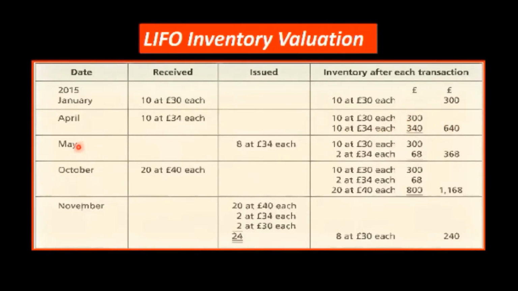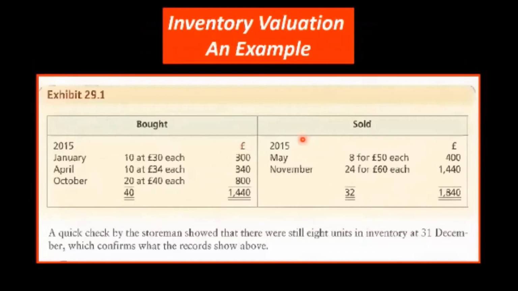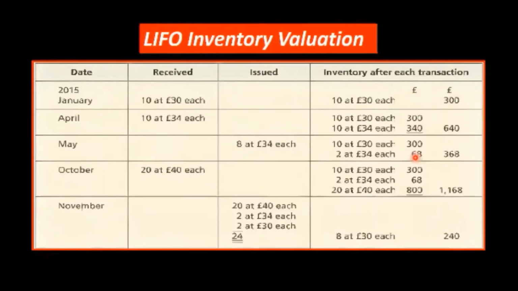Right, now here we sold 8 of the amount. Although we are told that the price for selling that 8 is $50 each, right? We have to issue them at last in, first out, right? So how we get this 34 here is we look at the last one that was in here, not up here. And we take this 8 out of there, so it's 8 at 34.